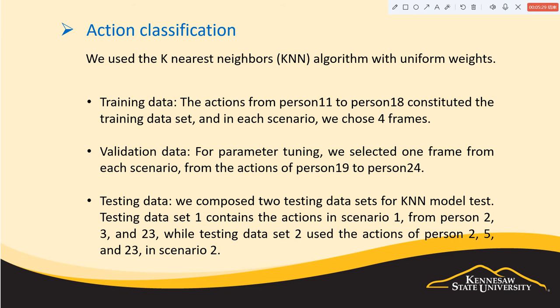For parameter tuning, we select one frame from each scenario from the actions of person 19 to person 24. After that, we use 2 testing datasets. The first one contains the actions in scenario 1 from persons 2, 3, and 23, while testing dataset 2 uses the actions of persons 2, 5, and 23 in scenario 2.